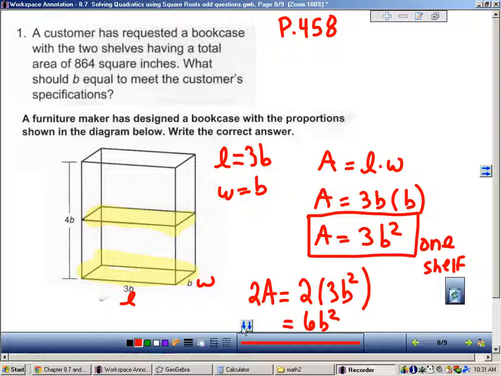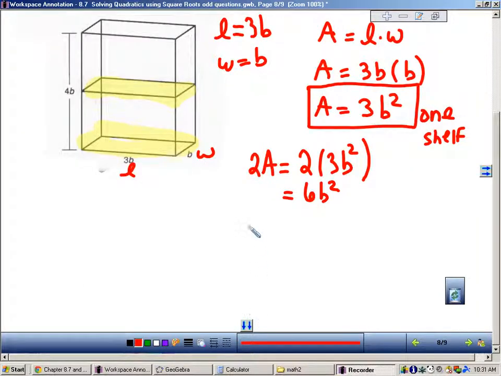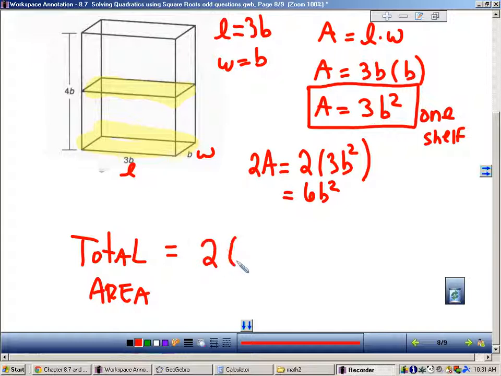And why is that important? Because the total area is found by taking the area of one shelf and multiplying it by 2.